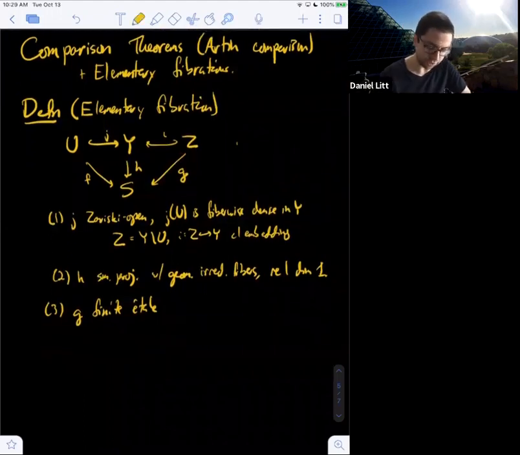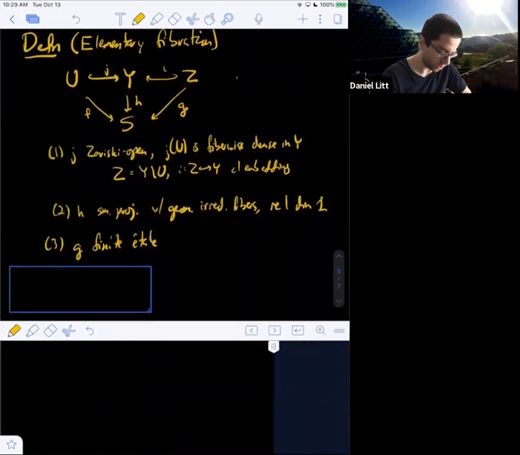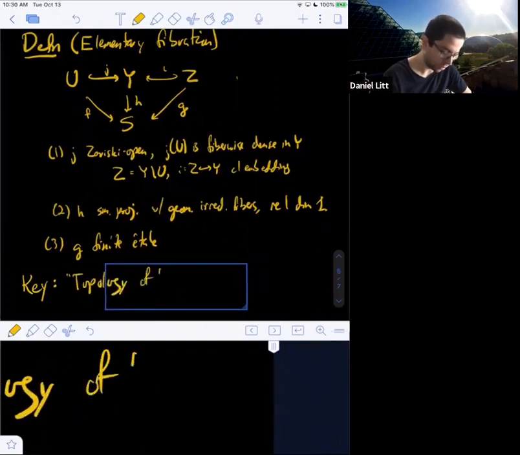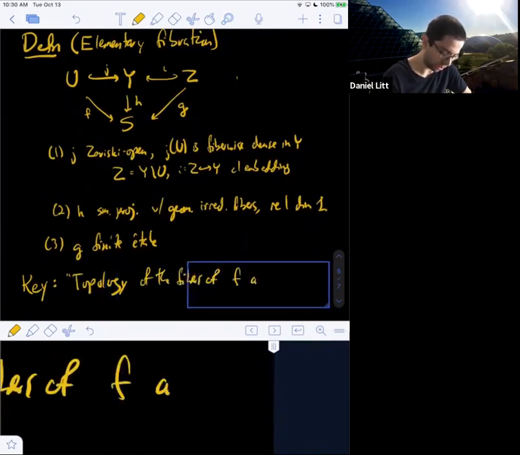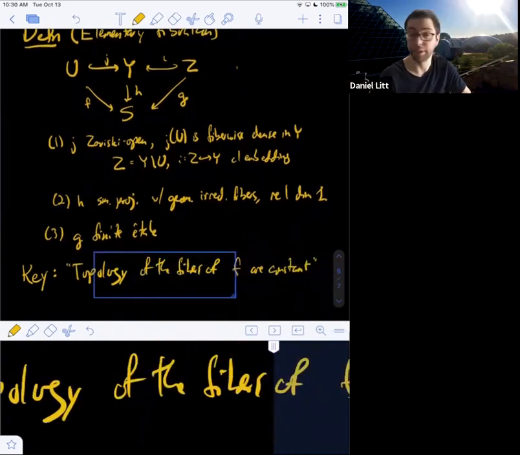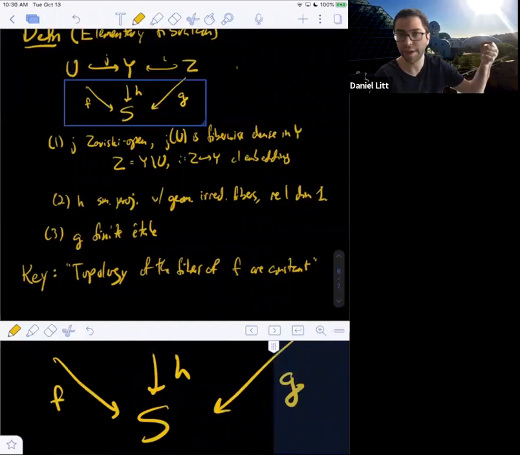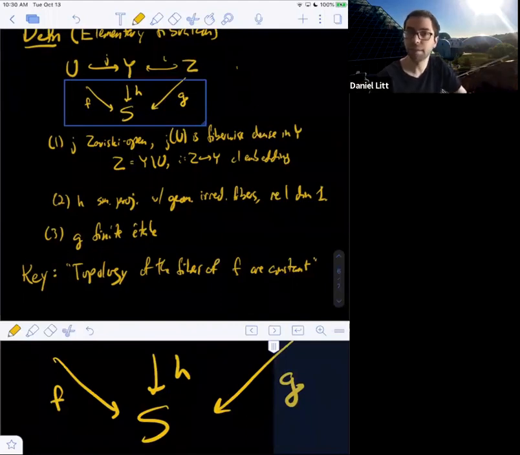The key thing about this is that the topology of the fibers of f is constant. This is a meaningless phrase in general, but at least over the complex numbers, it says that each fiber of this map f is a Riemann surface of the same genus minus the same number of points, so they have the same topology. Are there questions about what this definition is trying to get at?